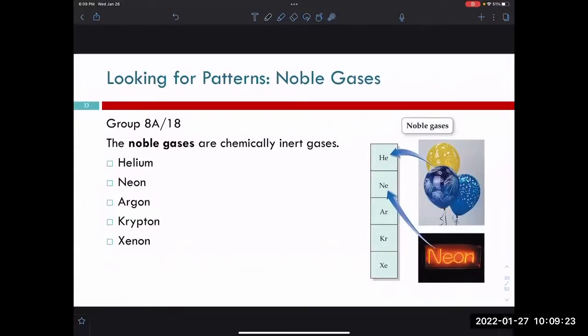The noble gases are the chemically inert gases. So non-reactive. Alkali metals, very reactive. Halogens, very reactive. Noble gases don't react with anything. You have to really, really force them. That's why helium is better for balloons than hydrogen, because hydrogen balloons can explode. Helium balloons will just pop.